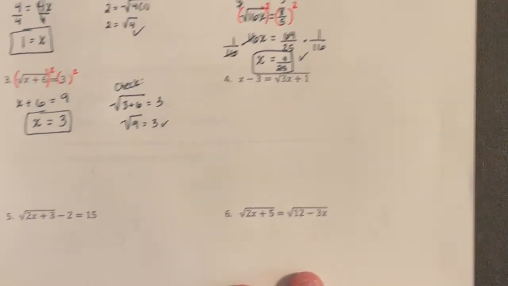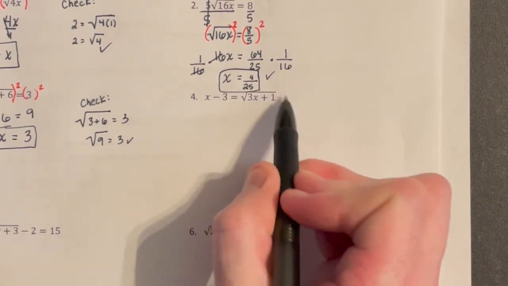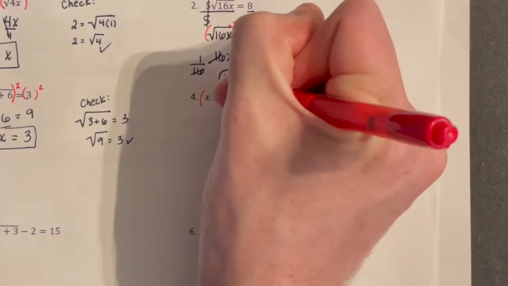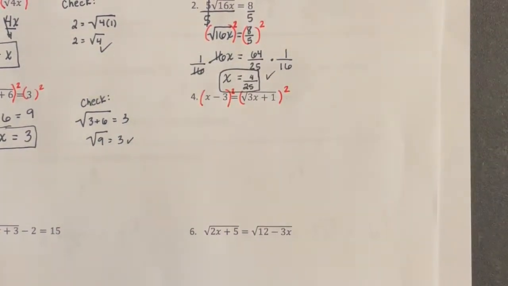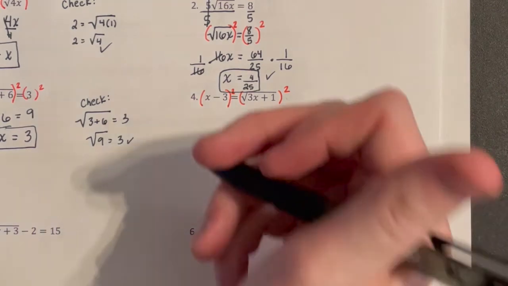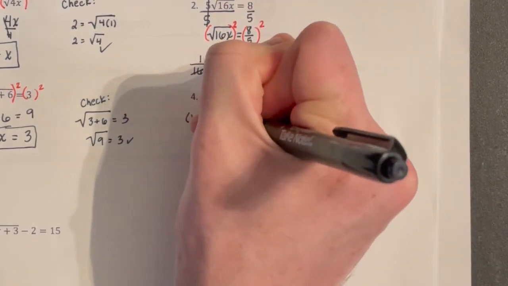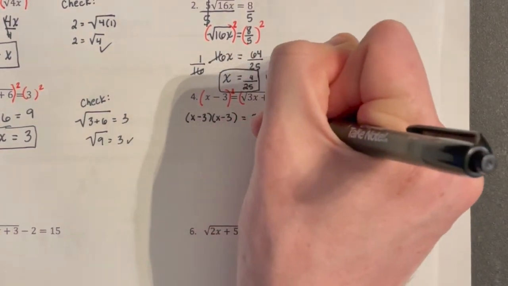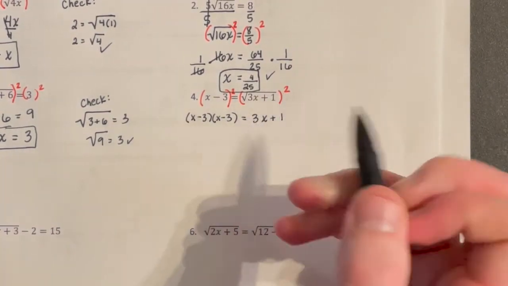All right, number 4. We would square both sides because the radical is already by itself. Now, when I square both sides, I'm squaring the whole left and the whole right side. That would be x minus 3 squared. Now x minus 3 squared is x minus 3 times x minus 3, and it's equal to 3x plus 1 because the square cancels out the square root.